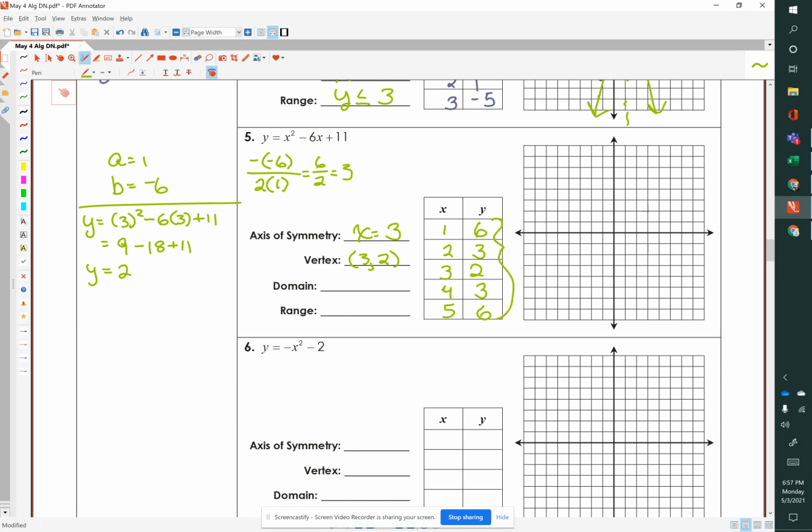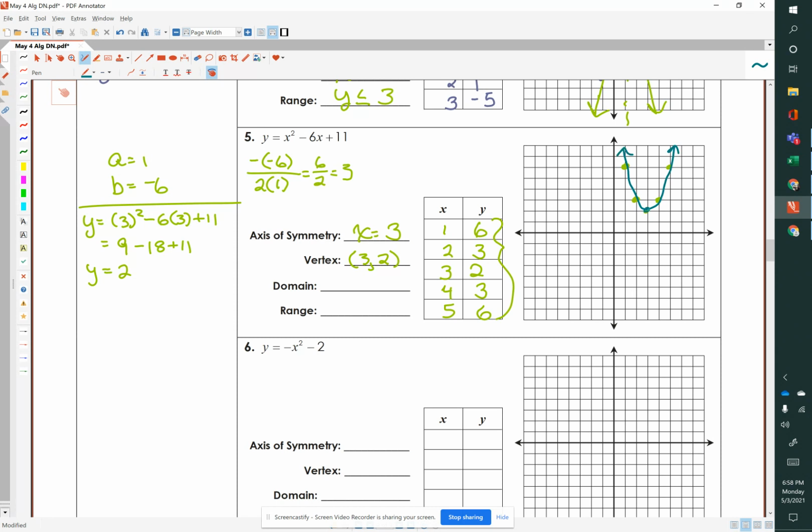So let's go ahead and graph this. So we're graphing it 1, 6, 2, 3, 3, 2, 4, 3, and 5, 6. And you can see the shape of the parabola already taking shape in front of us.